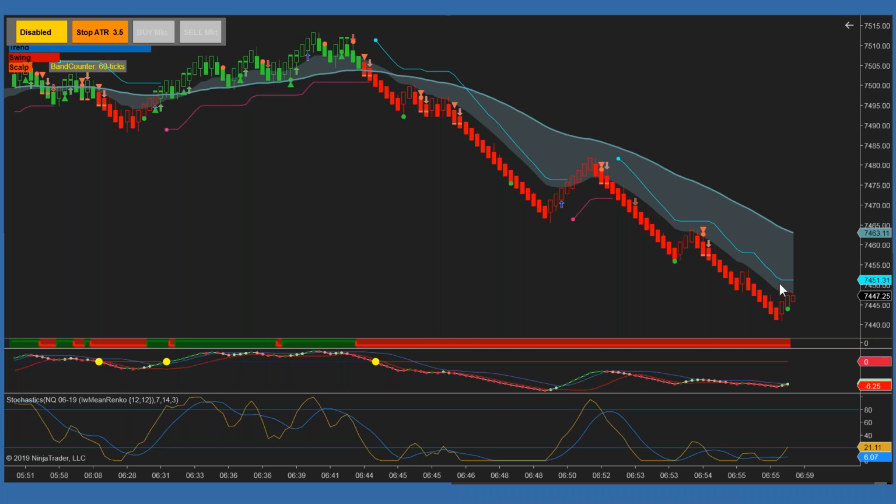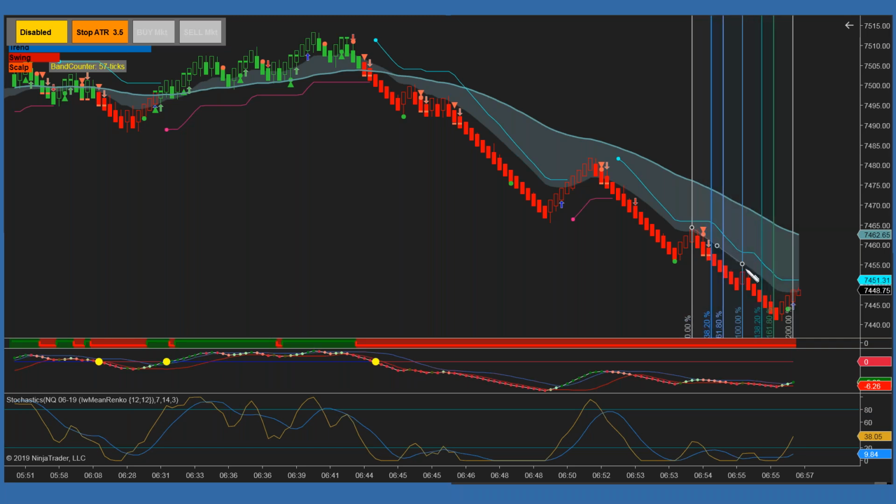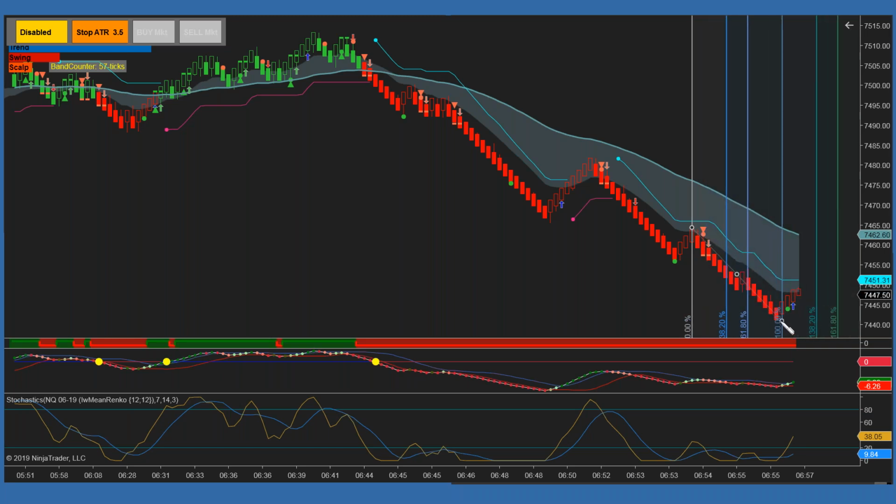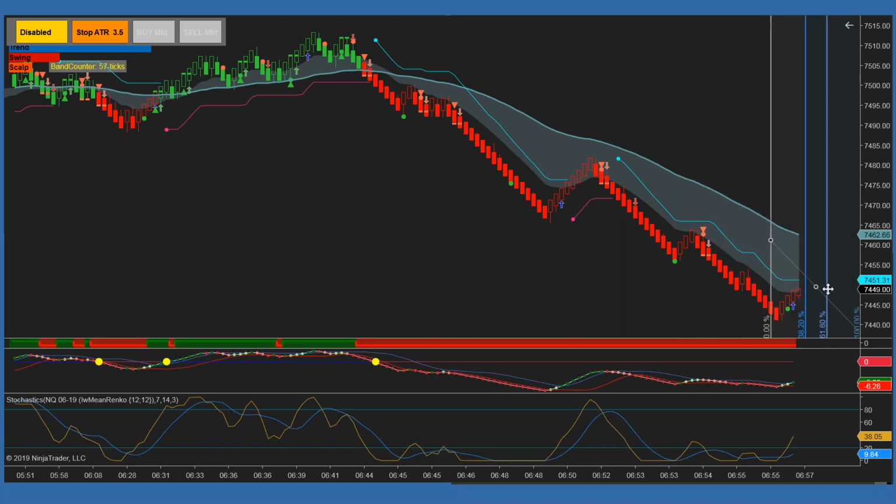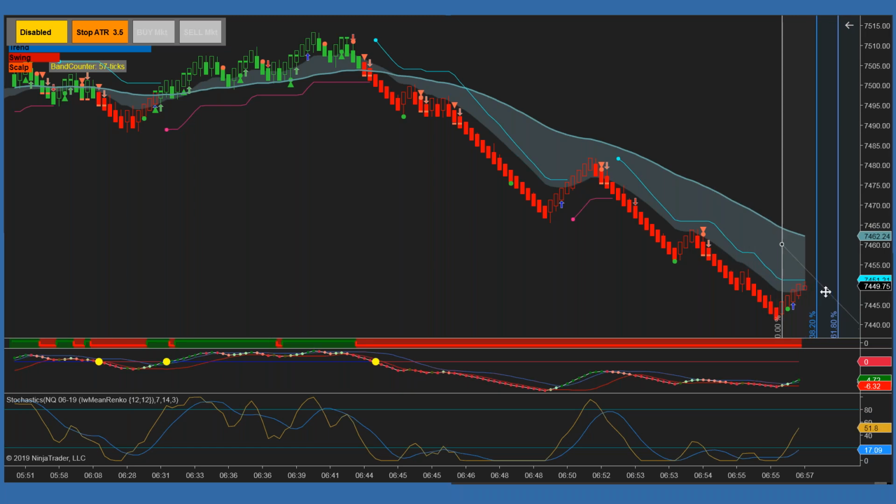Okay, so a little bit of a reverse, and again, we're going to be looking for something resembling at least a 1/3 to a half to a 2/3 reverse. And you can pretty much eyeball these things as well. It looks like we've reached our third reversal, 1/3 reversal point.